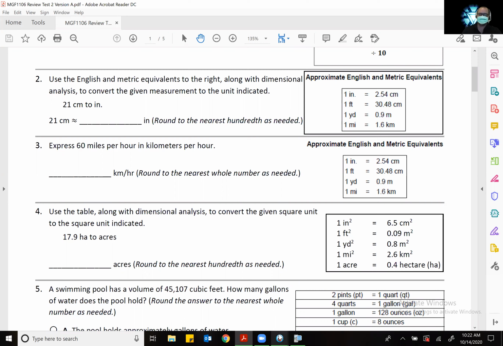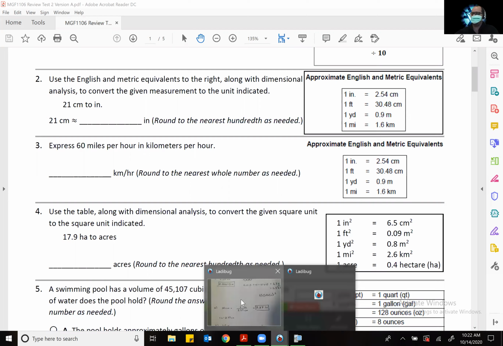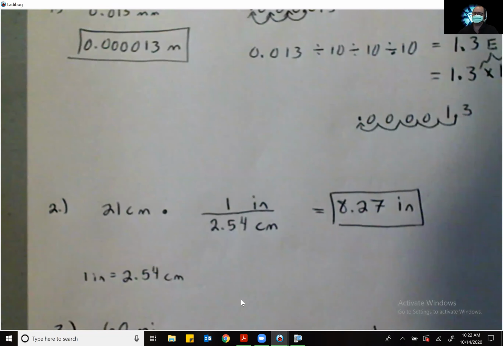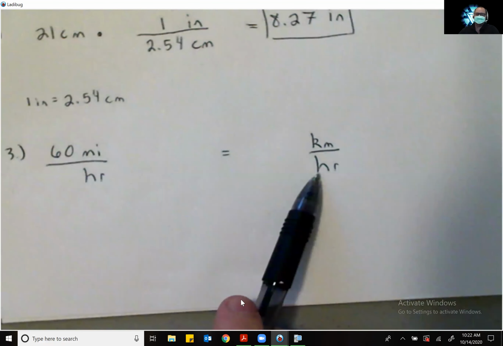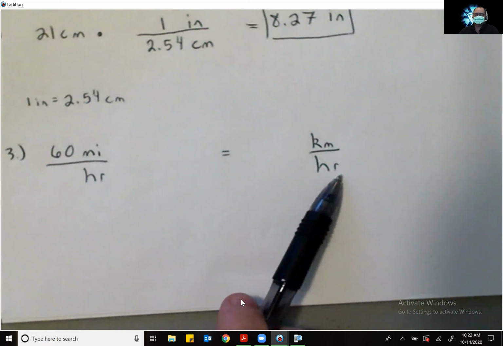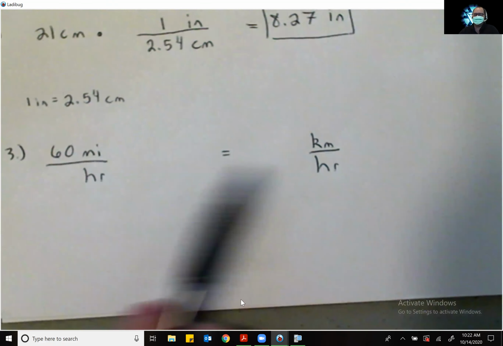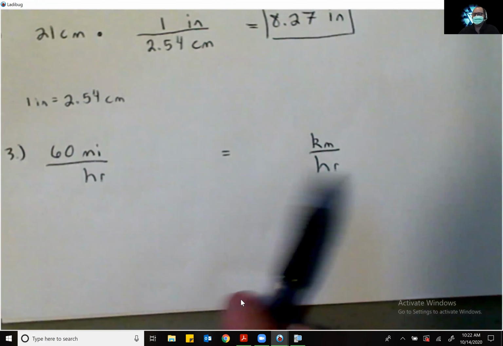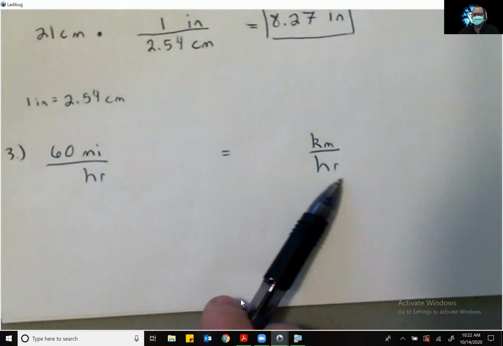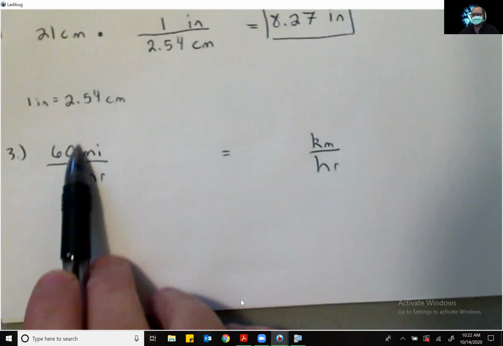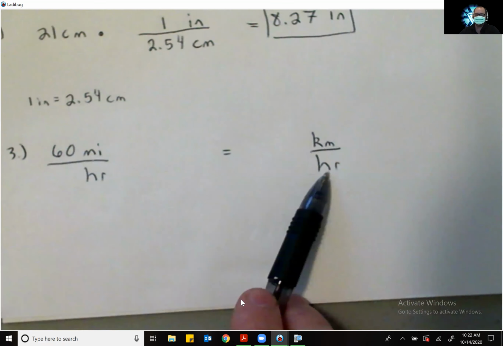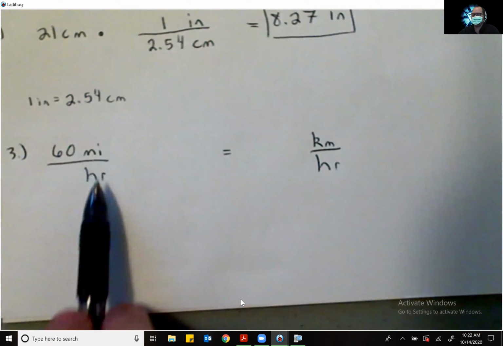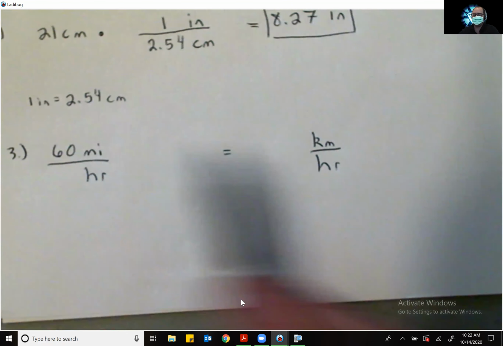So if we look at this just kind of written out, what I just said, it looks like this. Does this second label of hours really matter to us? No. It's the same on both of these. So we're not changing that. The only thing that we're really focusing on is changing miles to kilometers. So don't worry about this hours. Worry about changing miles to kilometers.